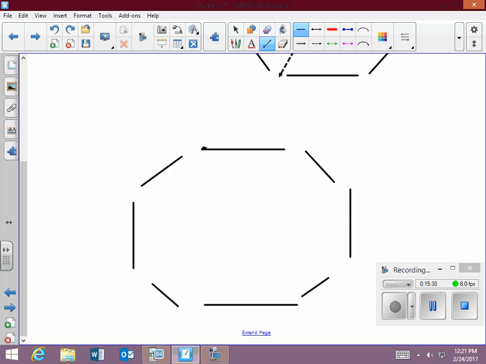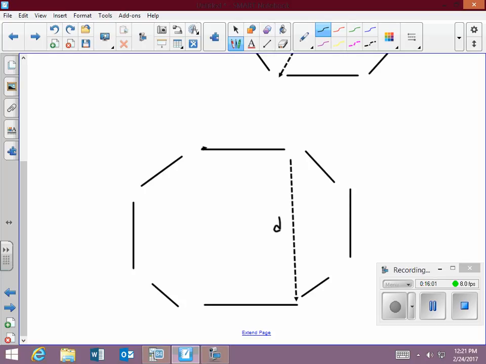They're saying this vertex to that vertex. None of those sides are supposed to be equal. And they're calling this D.